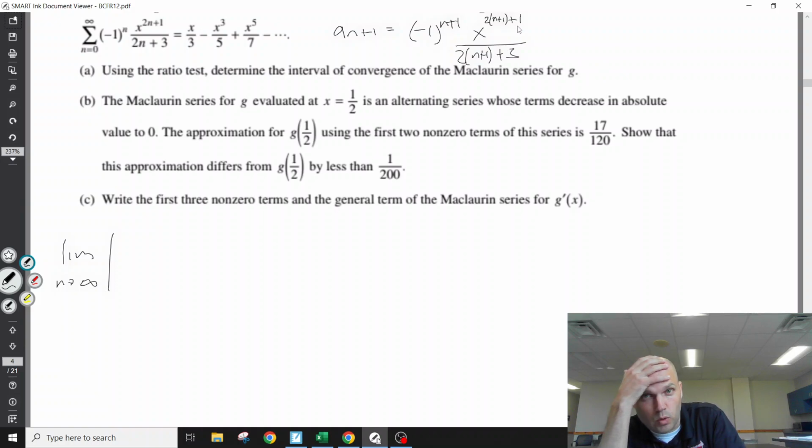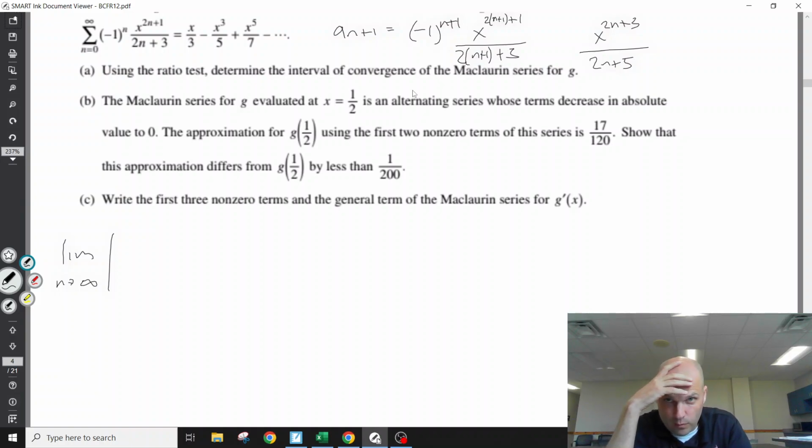It's 2n plus 2 plus 1, so that's 2n plus 3. 2n plus 2, 2n plus 5. We don't have to worry about the negative ones. They're going to go away. I don't know if you have to put them in there.